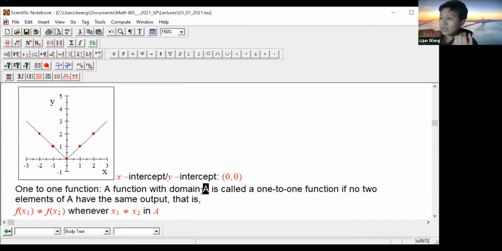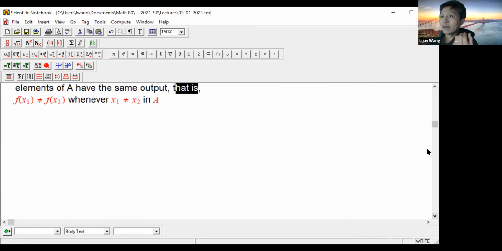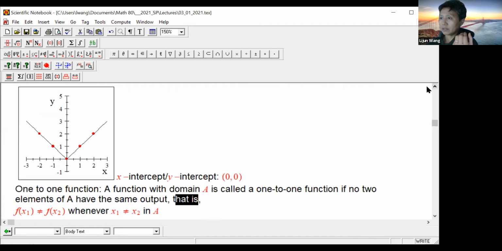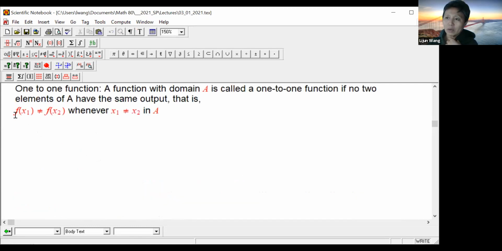So what does this mean? Basically, it says whenever the inputs are different, while one input is not the same as the other, their output will not be the same as well. Whenever any two inputs are different, the outputs are different as well.